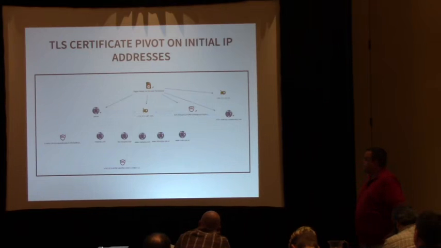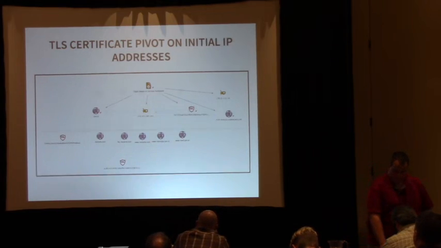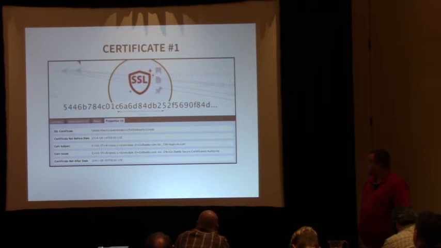So we take that TLS certificate and we pivot on it, or we take the IP address and we pivot on it, and we get 2 TLS certificates. Let's take a look at the first one. Does anyone know what VK or login.vk.com probably is?